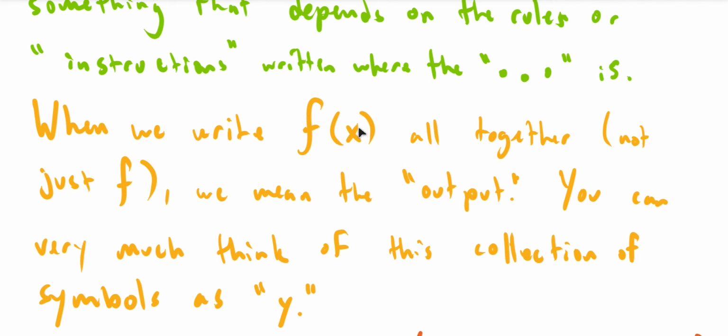Usually, I mean, you'll even often see it where the y-axis is called the f of x axis. I prefer to call it the y-axis, and then I'm very specific to call my function f, or sometimes f of x. But this all together, you should interpret this as the output symbol or collection of symbols, and you should associate that with a dependent variable.